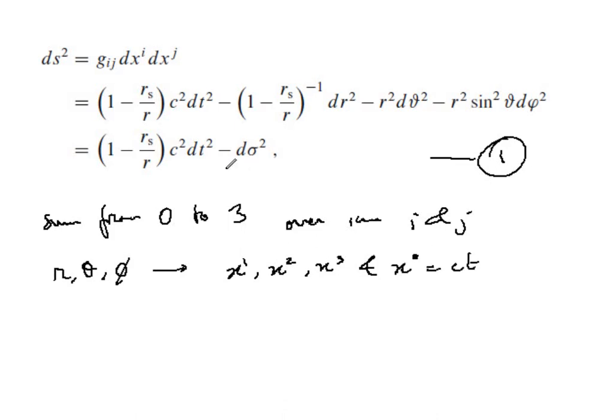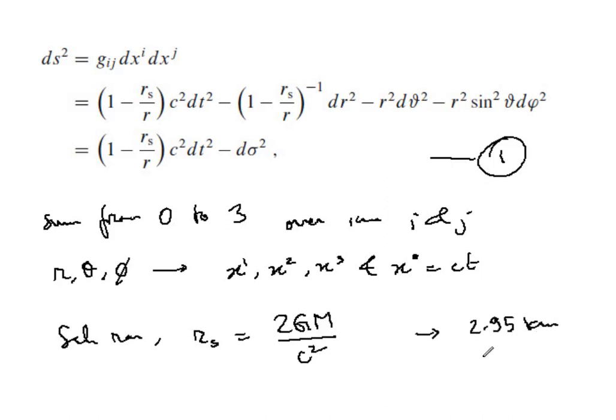You see this rs here, this is a critical parameter, the Schwarzschild radius rs, given by 2GM/c^2. It has a value of 2.95 kilometers for M equal to M solar, for the Sun.